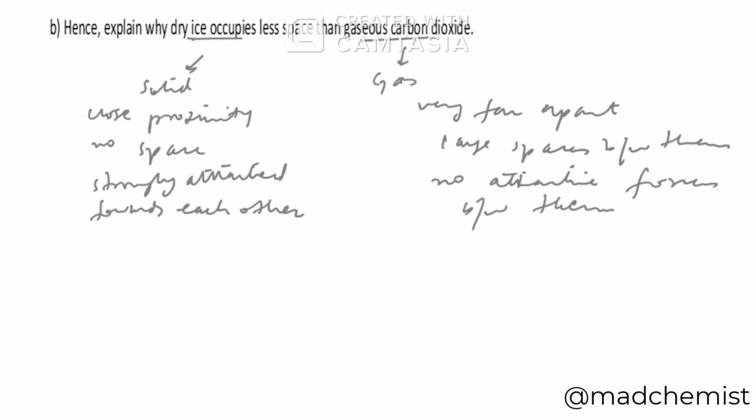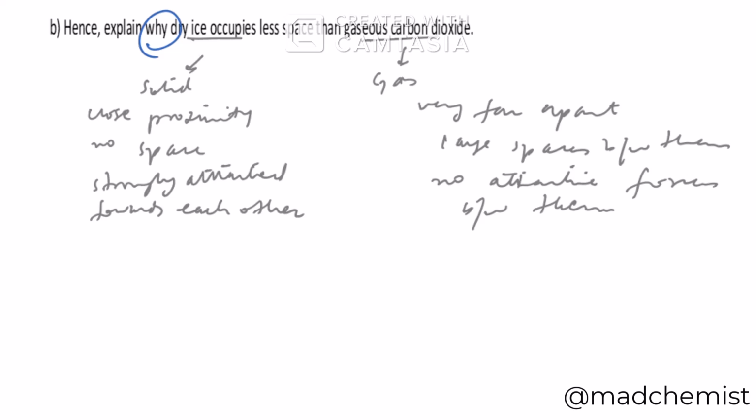So this arrangement and movement of particles clearly explains the why of this question: why dry ice occupies less space than carbon dioxide. As dry ice is a solid and gaseous carbon dioxide is a gas form, solids always occupy less space as compared to gases.